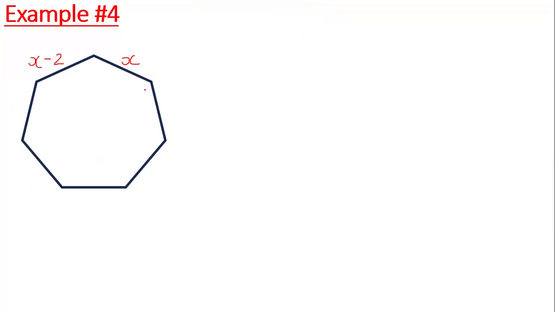Let's say that this is X plus 4. Let's say that this is 9X. Let's say that this is X minus 3. Let's say that this is X plus 10.